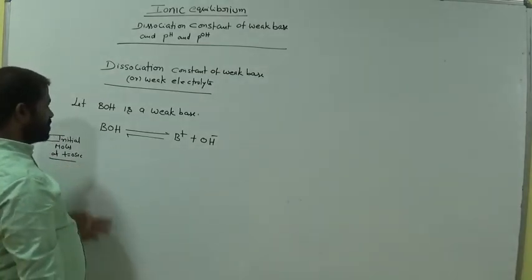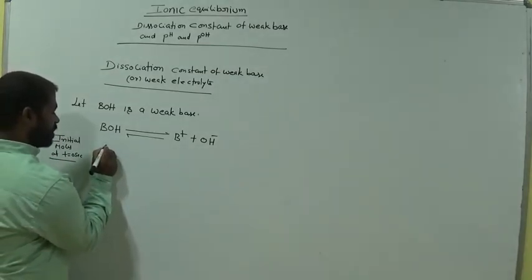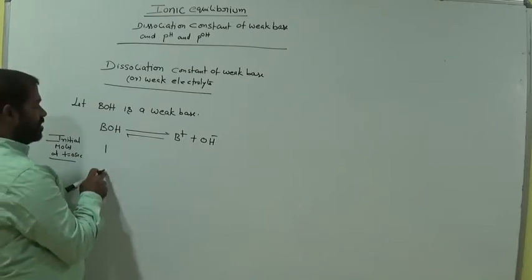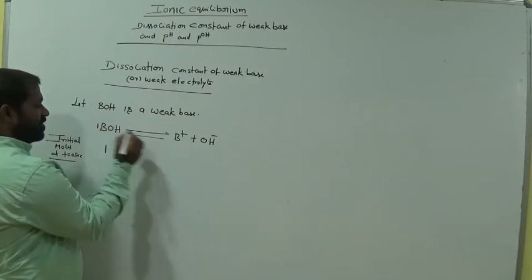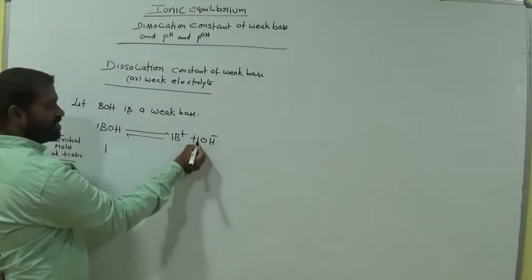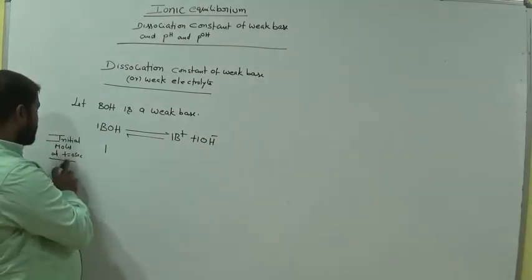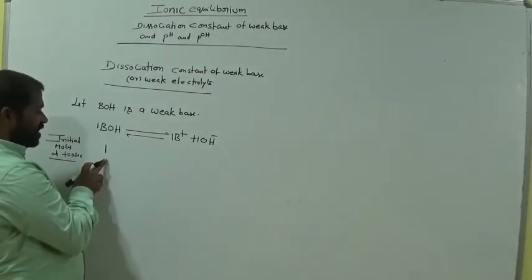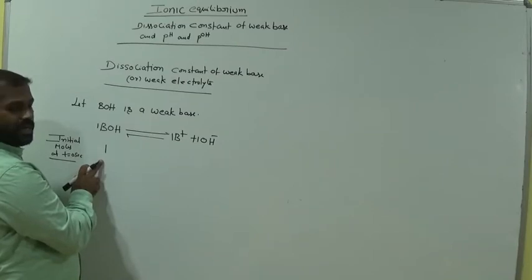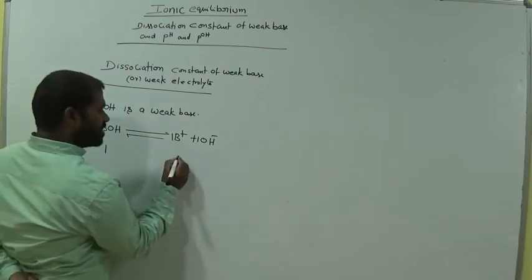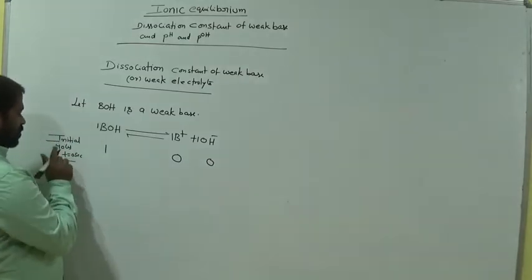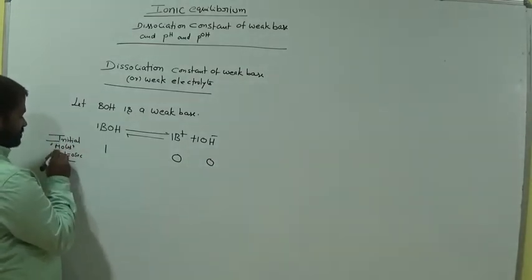So at t equals 0, initial moles of BOH is 1 mole, and the coefficient is 1. Is there any product at t equals 0? No product, that means no moles. Initial moles, remember this.